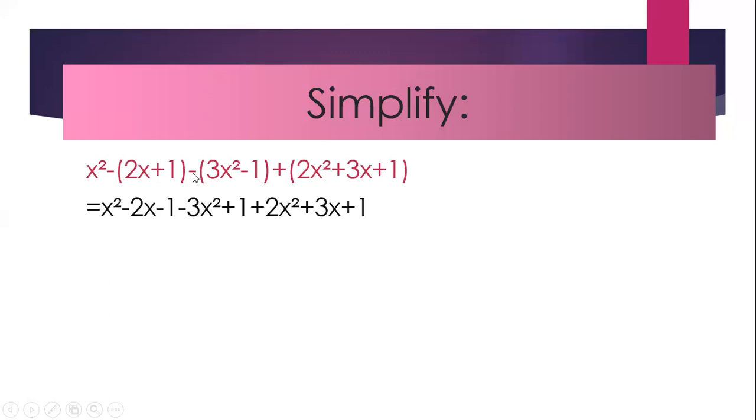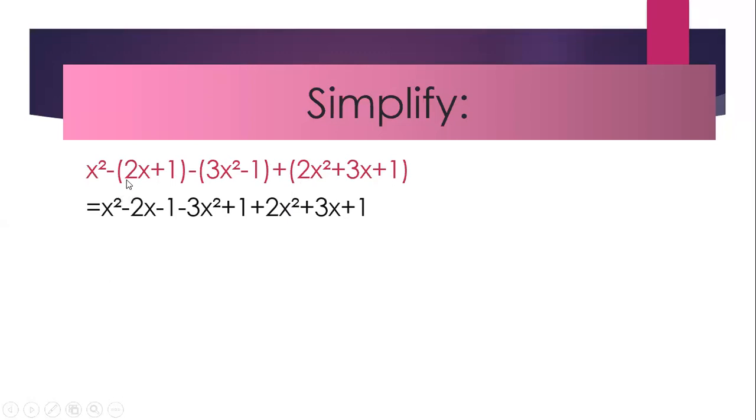Here when you remove the bracket, minus plus minus, and minus minus, minus minus means plus. When we multiply two minus signs, it gives plus. So I get plus 1. Now what about here? Plus, plus, plus, and plus multiplied with plus, we get plus. And 1. What about the second term?